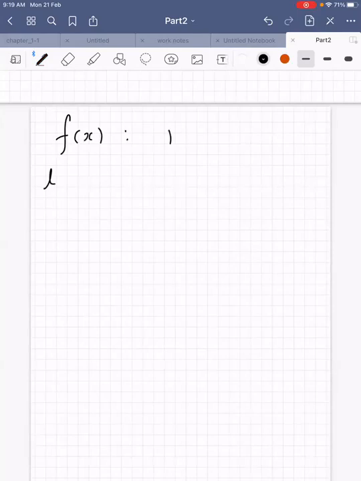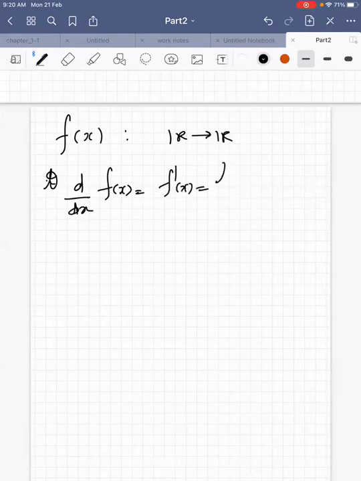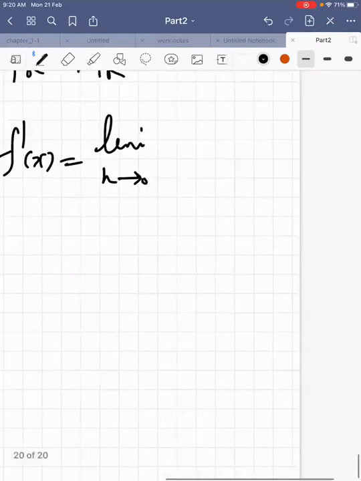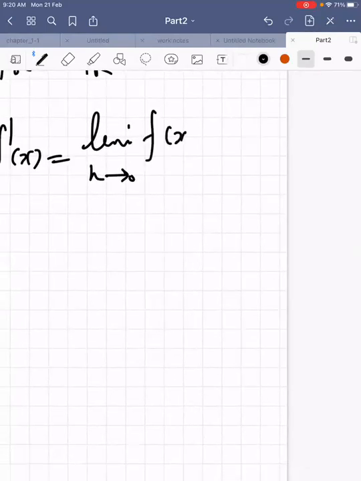if function fx is from R to R, then the meaning of derivative, which is d by dx of fx, or f prime x, is the following. So you take this limit h tending to 0. You go from x to x plus h to take the difference.